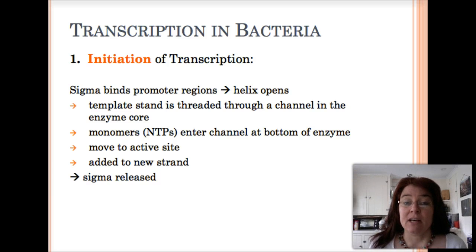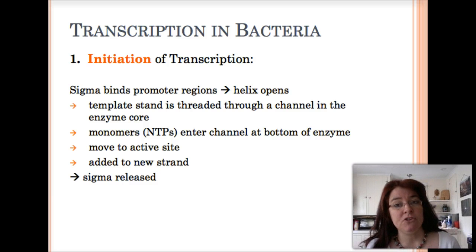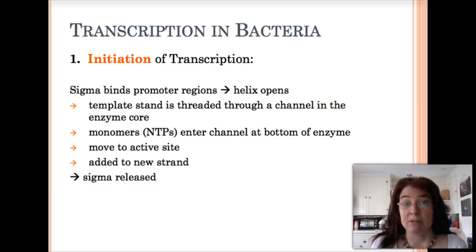And they're going to come up into a channel that guides them towards the active site. That's the place where the action's going to happen, the catalytic activity happens, where each of these incoming bases will be matched up in a complementary fashion to the template strand DNA, and covalent bonds will be formed.